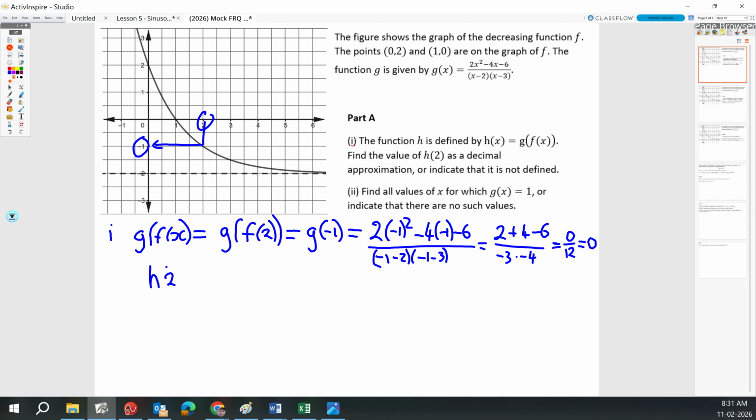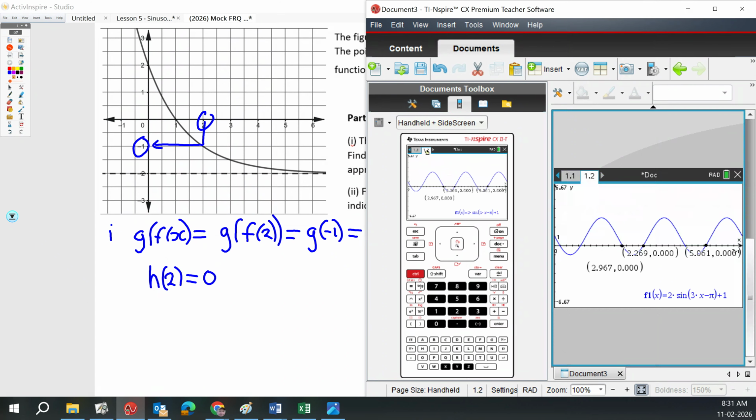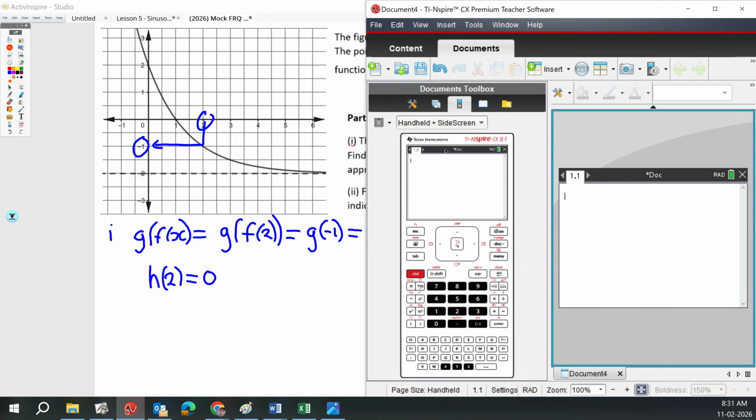You need to show working. You can use your calculator to do the work as well. You can put the function into the calculator, have it do the work for you, but then you need to use the calculator to verify your working. So I'm just going to start off with a new calculator, check that I've got it right, that's what the calculator is there for.